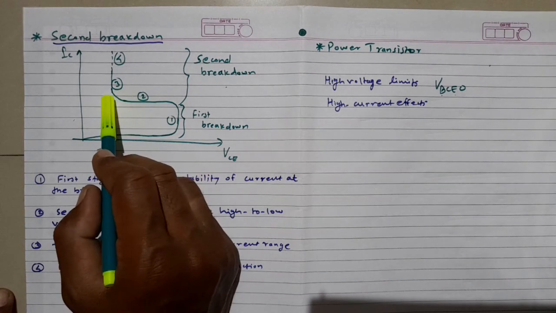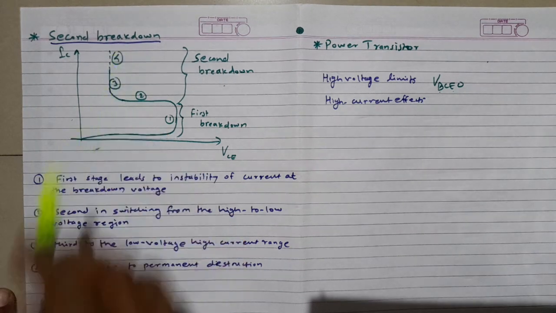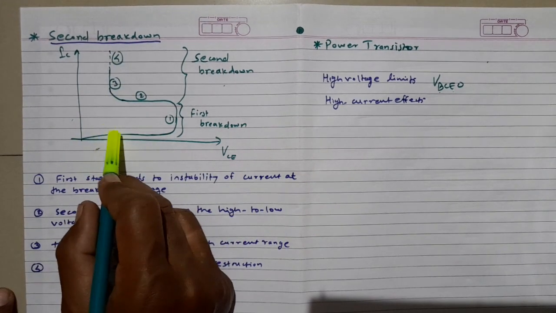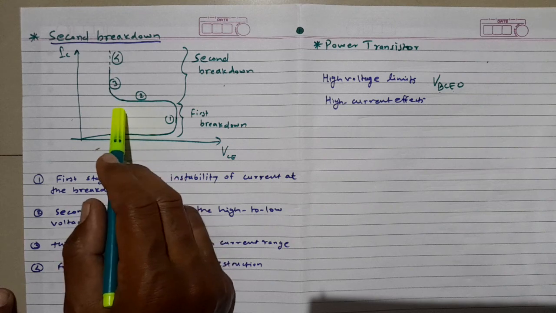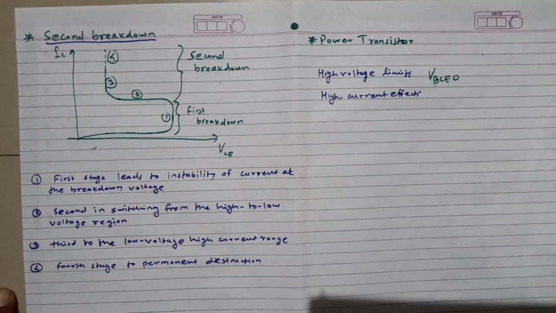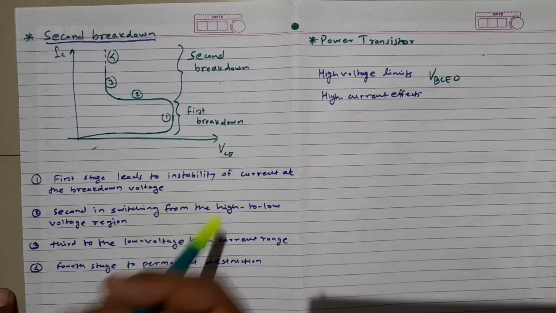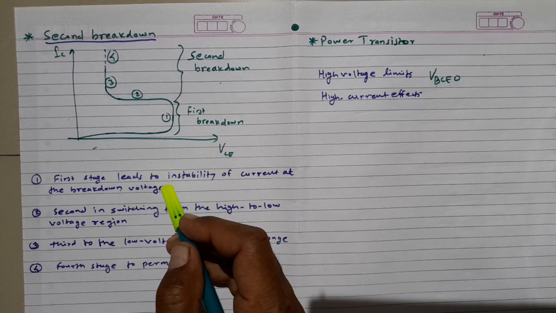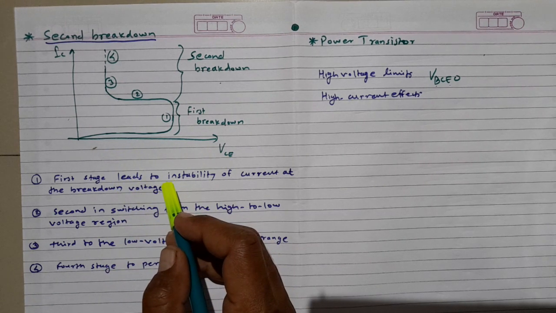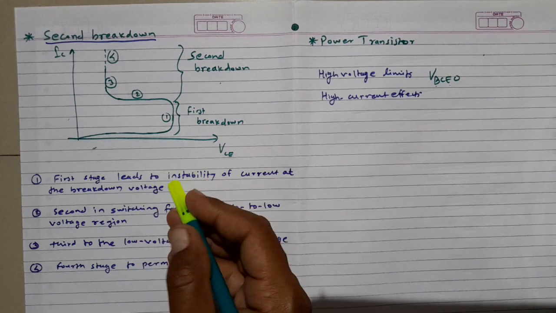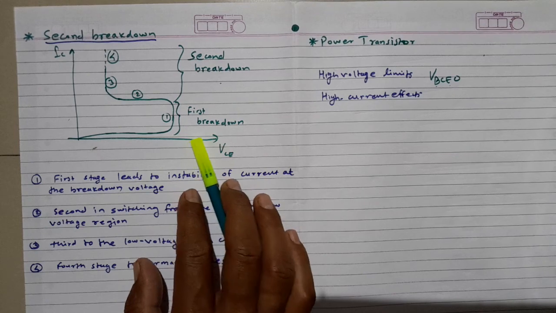As the current continues to increase further, the breakdown spot melts, resulting in the fourth stage, the destruction of that transistor. If you want to understand its real application, try to read the SMG's book, and you will get the idea about how it is helpful in real life applications.